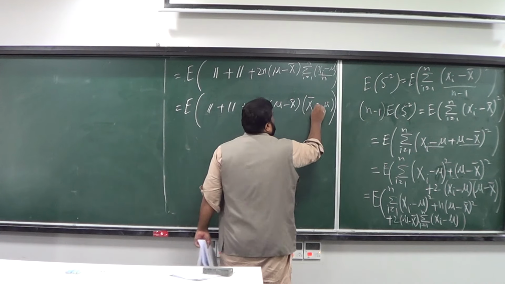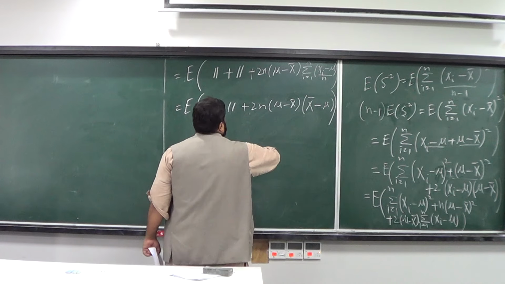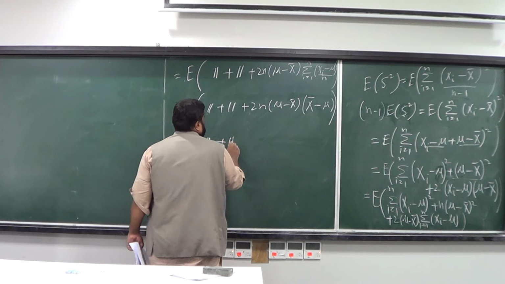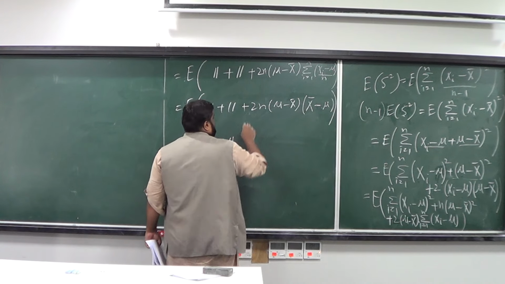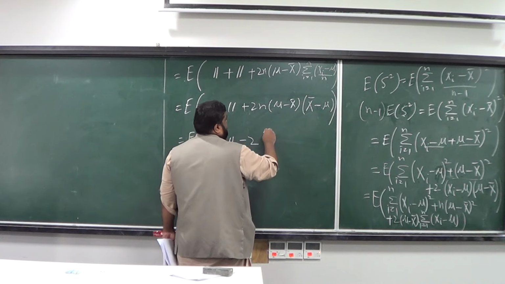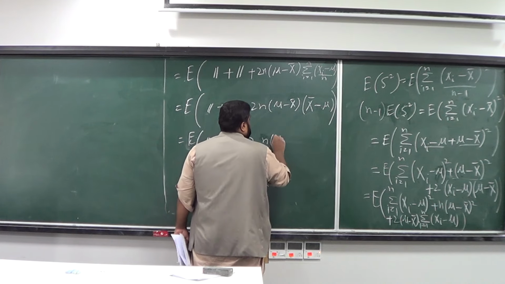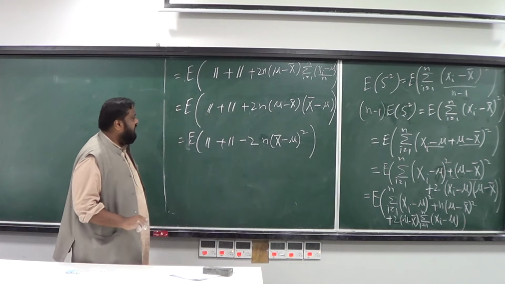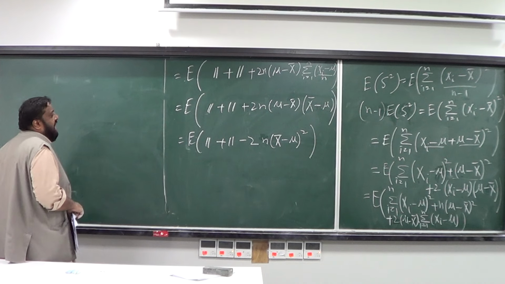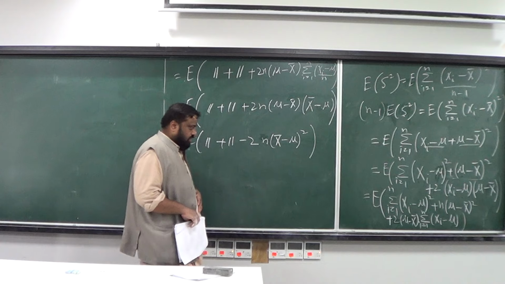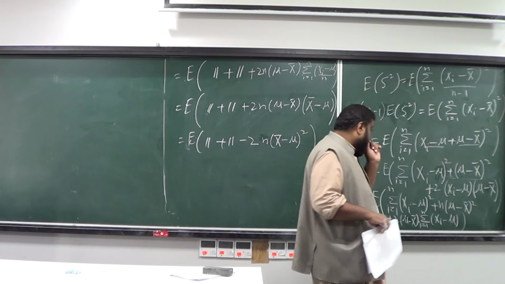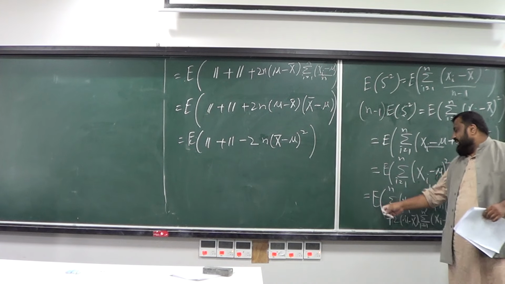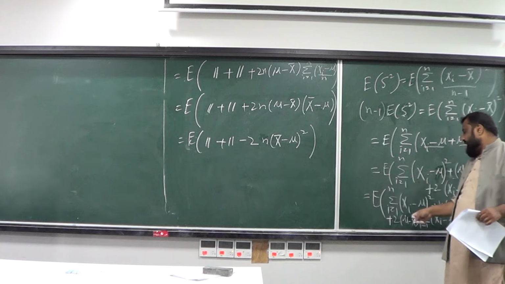I can even put these two terms together, and I can say that this would be equal to the expectation of the first term plus second term. So I can multiply by minus 1, and I can say that this is 2n times (x bar minus mu) squared. Okay. And now let's apply the expectation. The expectation of the sum would be the sum of the expectations of these quantities.